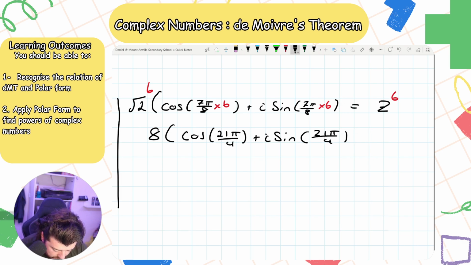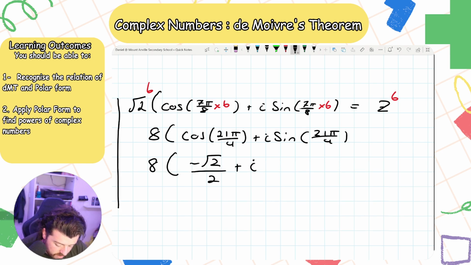So cosine 21 pi over 4 is equal to 8 times minus root 2 over 2, plus i times sine 21 pi over 4, which is just minus root 2 over 2.